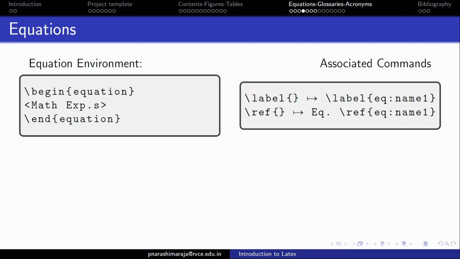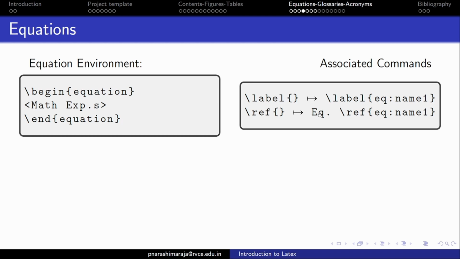As we discussed in the previous videos, the label is used to create a reference name for the equation, and we will be using the prefix EQ with a colon while defining the reference name for the equations in our project reports. And the ref command, along with the reference name that we have created in the label, returns a number for us.